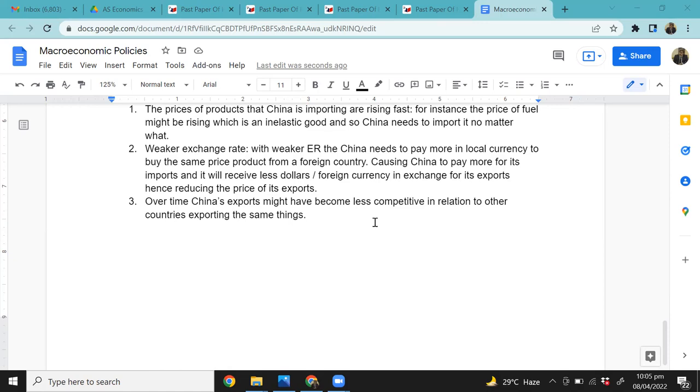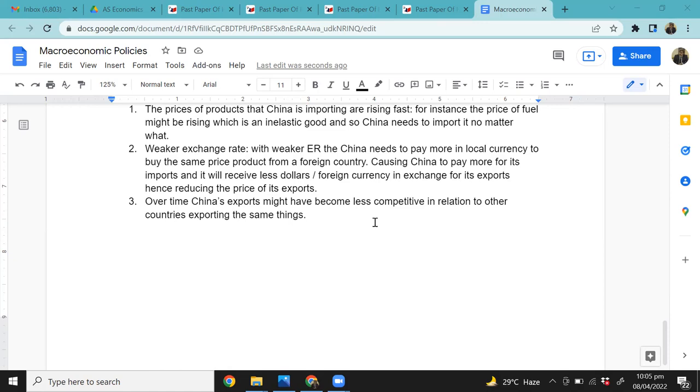What is correct is basically, and correct me if I'm not saying what you wanted to say, if your country's domestic rate of inflation is higher compared to other countries who export the same thing, let's say Pakistan and Bangladesh.